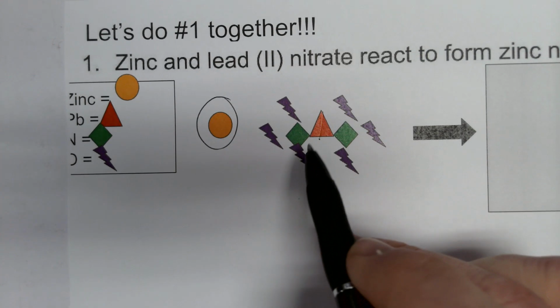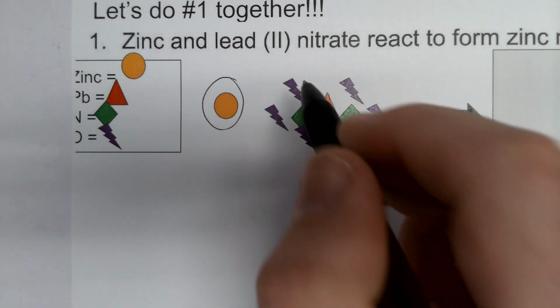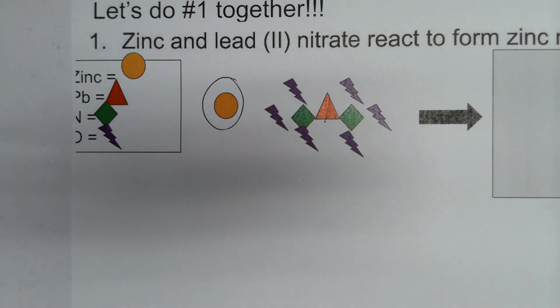If my green diamond represents nitrogen, how many nitrogen atoms do we see? 2. If my purple lightning bolt represents oxygen, how many oxygen atoms do we see? 6.